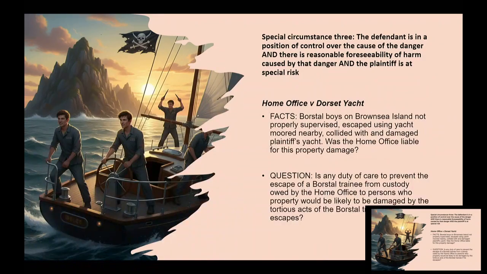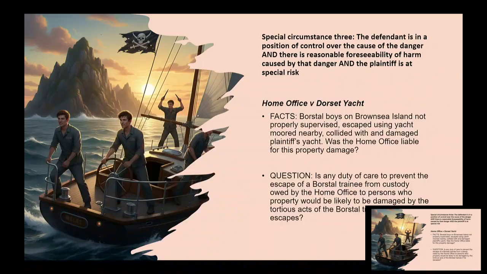And they've left these Borstal boys to their own devices. The escapees then boarded a yacht moored nearby, and they then set it in motion, and they caused it to collide with the plaintiff's yacht that was also moored in the vicinity.